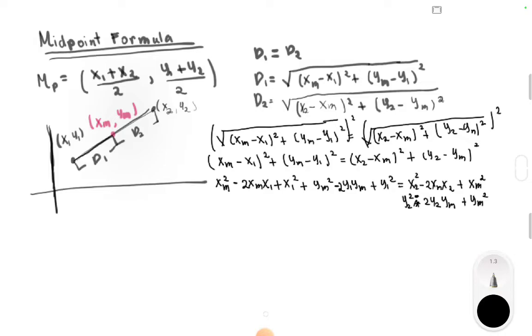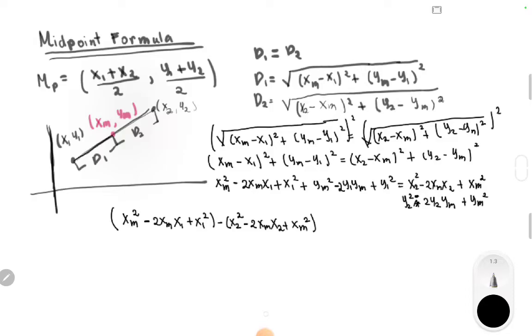So from here, I would group my x values such as xm squared minus 2xm x1 plus x1 square, and I will transpose my x2 square minus 2xm x2 plus xm squared.